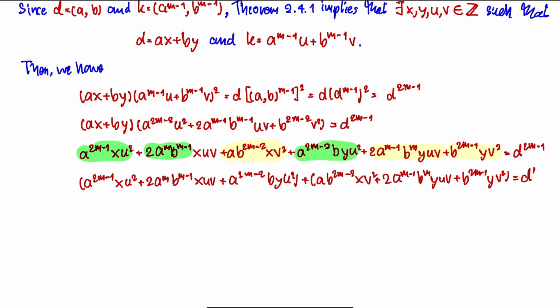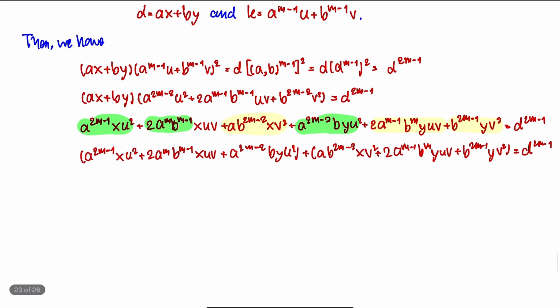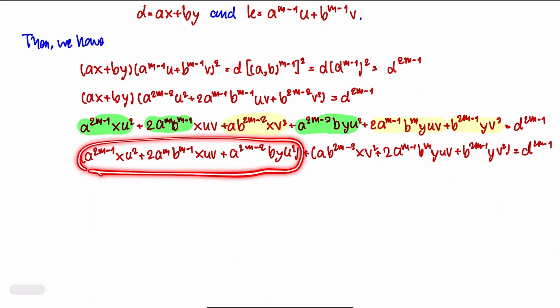Okay, we now have this term, right? And factorize a to the m on the first three terms.